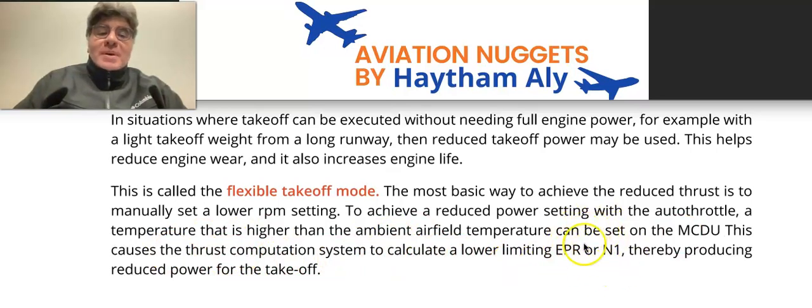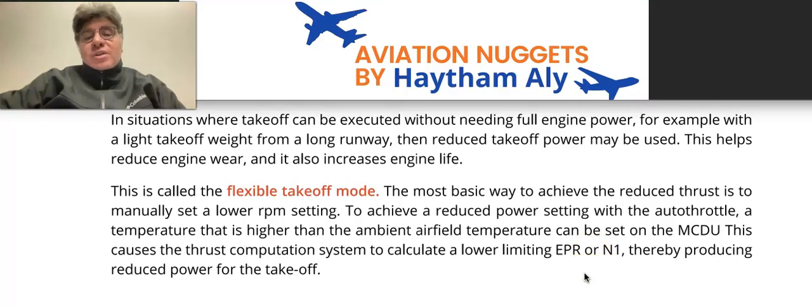EBR or N1, everybody, is the primary engine control parameter. Some engine manufacturers use EBR as the main engine thrust control parameter and an indication for the engine performance, and some other manufacturers use N1.